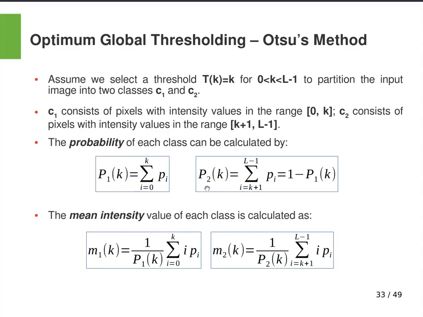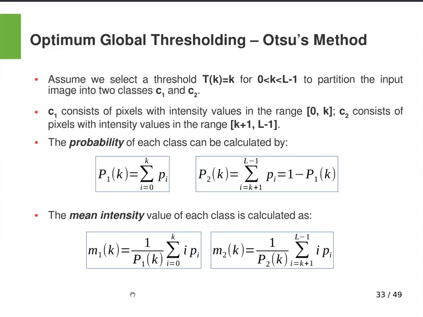As for the probability of class 2, it is the summation of all the probabilities for intensities from k plus 1 to L minus 1, which, since the summation of all the probabilities adds up to 1, is equivalent to 1 minus P1 of k. The next thing we need to do is find the mean intensity value for each class.